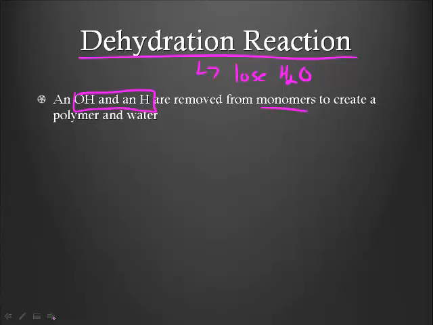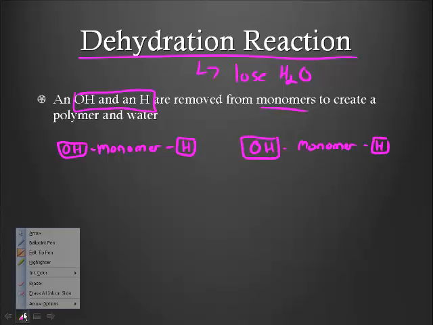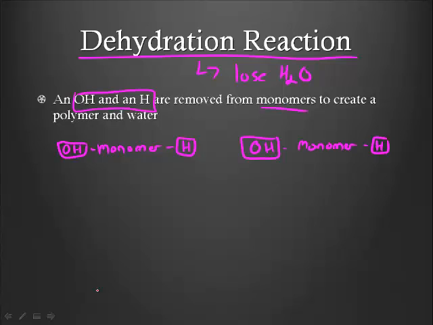So what we have here is we have a monomer, and the monomers are always going to end in H and OH. So if we come together with another monomer, so here's our monomer ending in H and OH, what happens when those two come together, the OH and the H come together and form water.